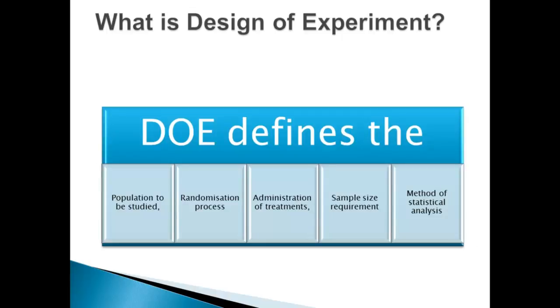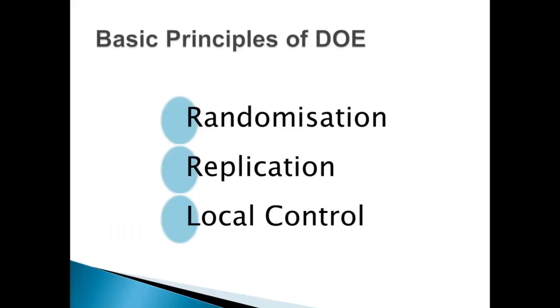Design of experiments defines the population to be studied, randomization process, administration of treatments, sample size requirement, method of statistical analysis. We will look at some basic principles of design of experiment.